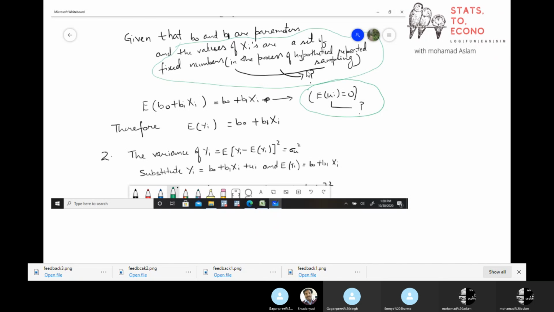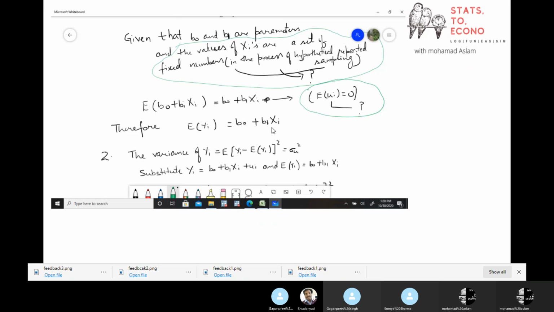If we take its expectation, the expectation of a constant is a constant, and since xi is fixed in repeated sampling, it counts as a constant. So the expected value of yi will be beta 0 plus beta 1 xi.